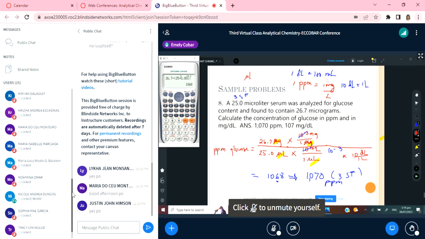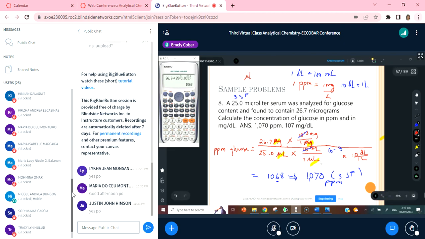For glucose plus, isang unit in expressing concentration of glucose is in milligrams per deciliter. So here, meron na tayong milligram sa taas. Dito sa baba naman, ano bang nakuha natin dito?